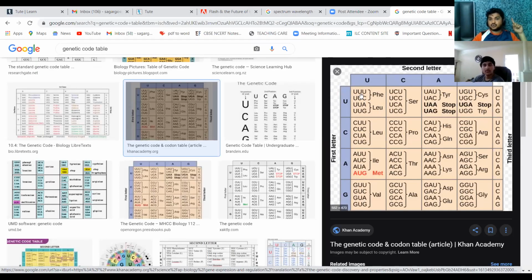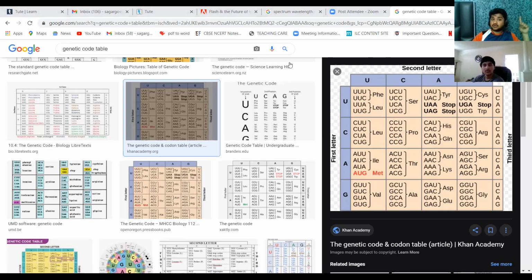See, this is UUU, and UUU is coding for phenylalanine. Is it also coding for another amino acid? No. I understood it incorrectly. So one codon can code only for one amino acid.